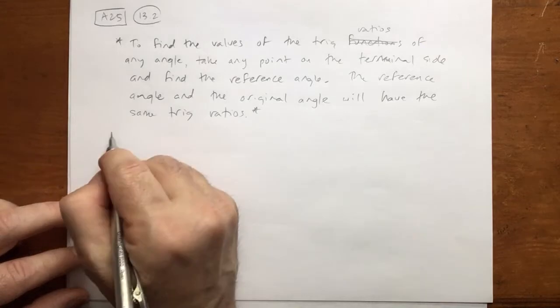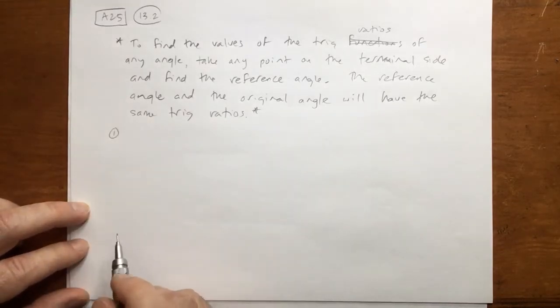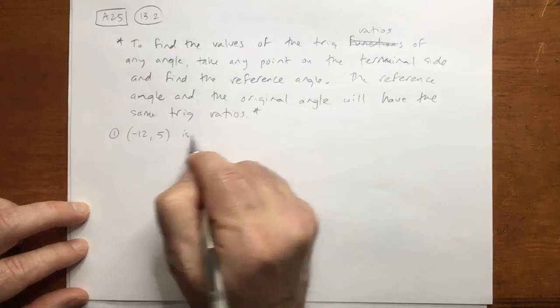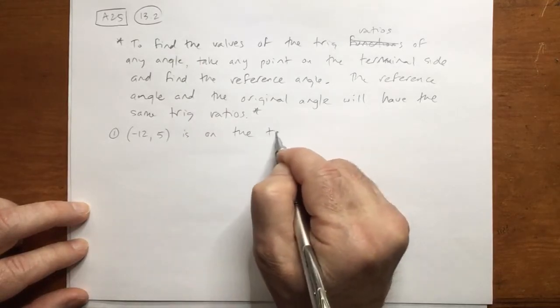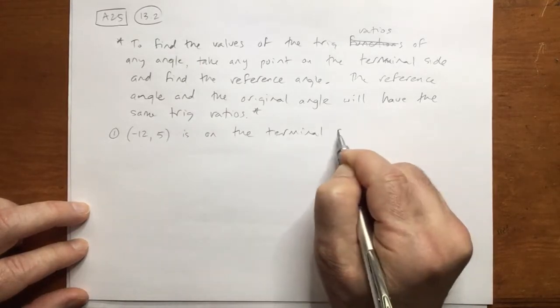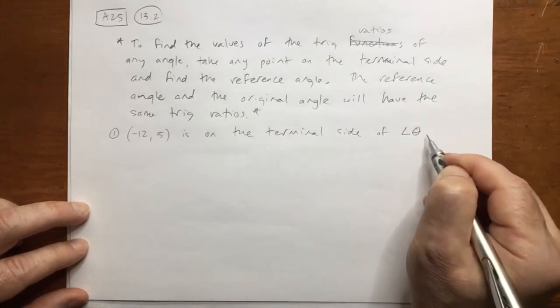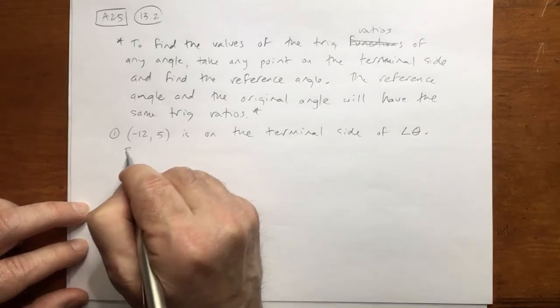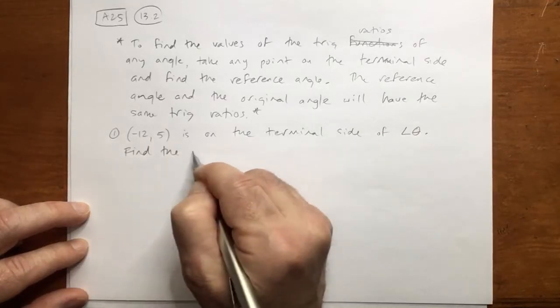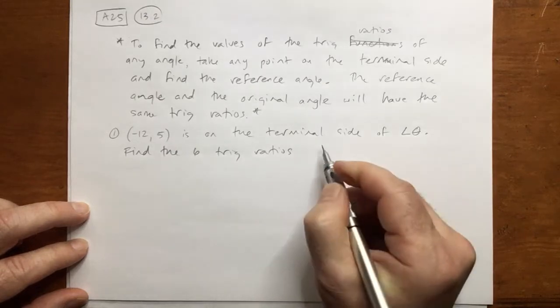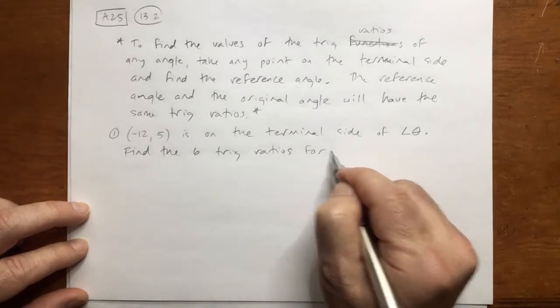But let's see an example of this. Question 1. Negative 12, comma 5 is on the terminal side of angle theta. Find the 6 trig ratios for theta.